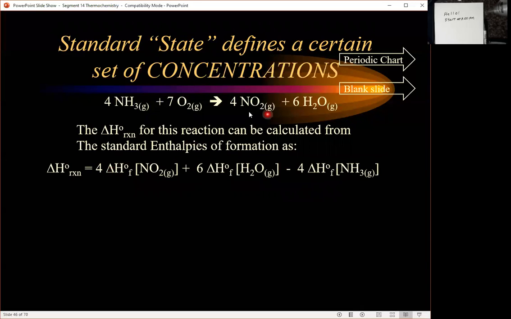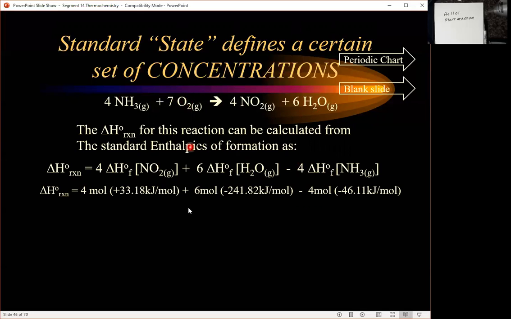It's going to be 4 times the heat of formation of the NO2 plus 6 times the heat of formation of water minus 4 times the heat of formation of ammonia, and the standard heat of formation of the oxygen is 0, so we can leave that out. We put the numbers out of the back of the book. We can calculate the energy.